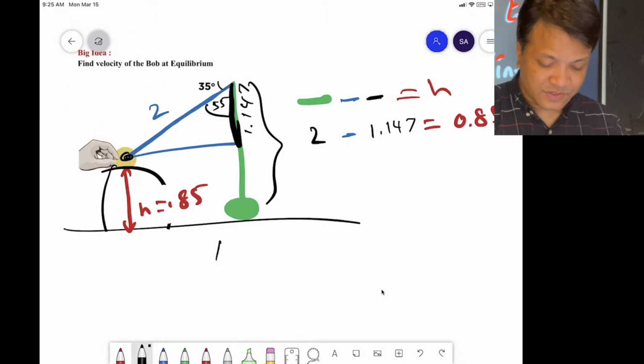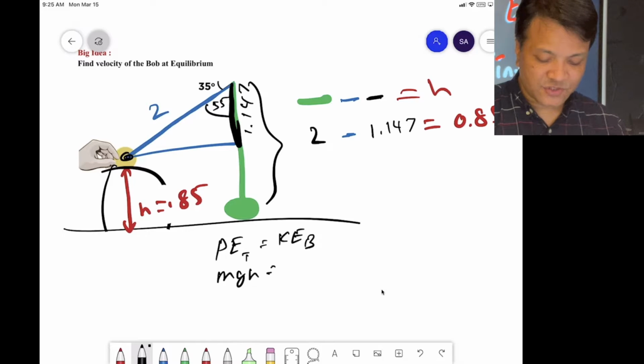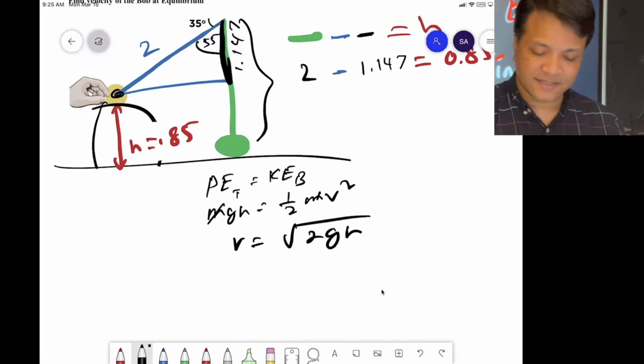I'm just going to use potential energy on the top is equal to kinetic energy on the bottom. So mgh is equal to half mv squared. The m cancels, so v squared is 2gh, and that's as simple as that.